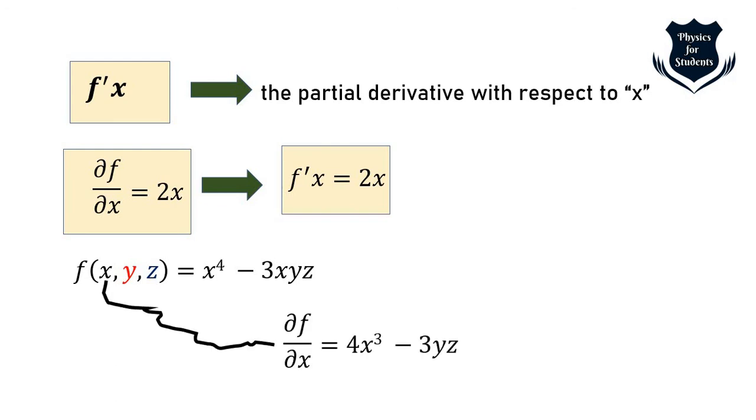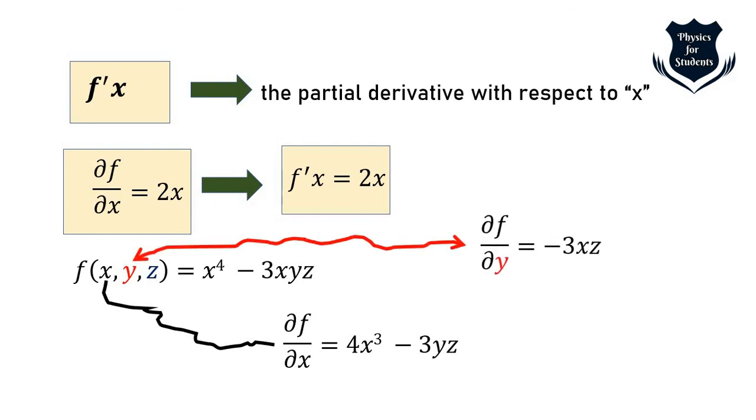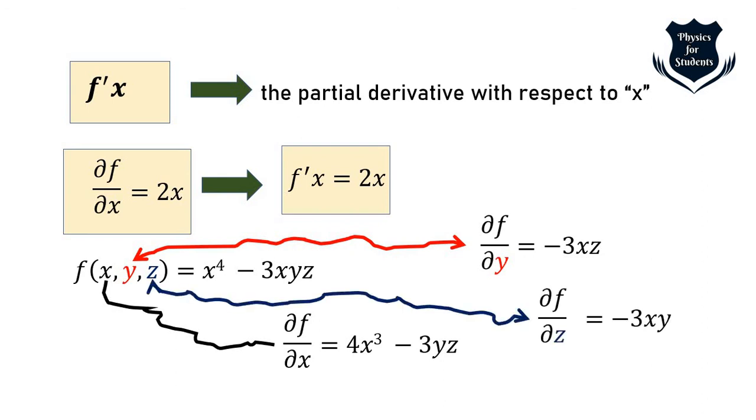First we take x and we get this one when we partially differentiate it. Then we take y and once we partially differentiate, we get minus 3xz, and then we take z and we get minus 3xy. So this is a pretty simple example of how you partially differentiate when there are two or more variables.